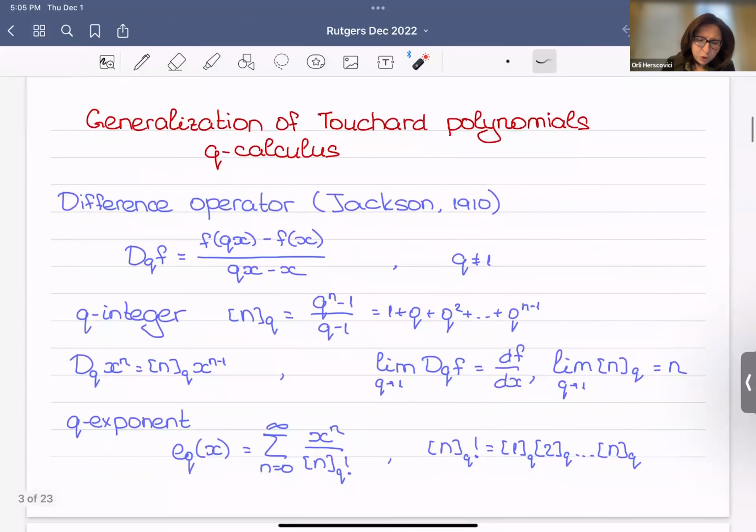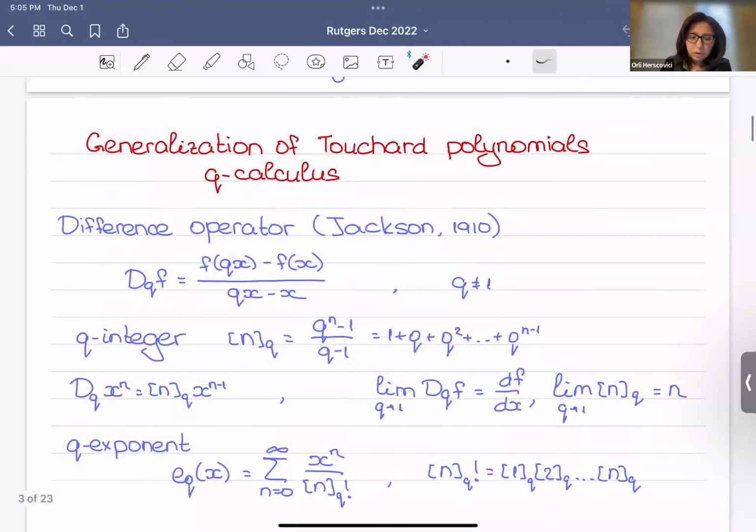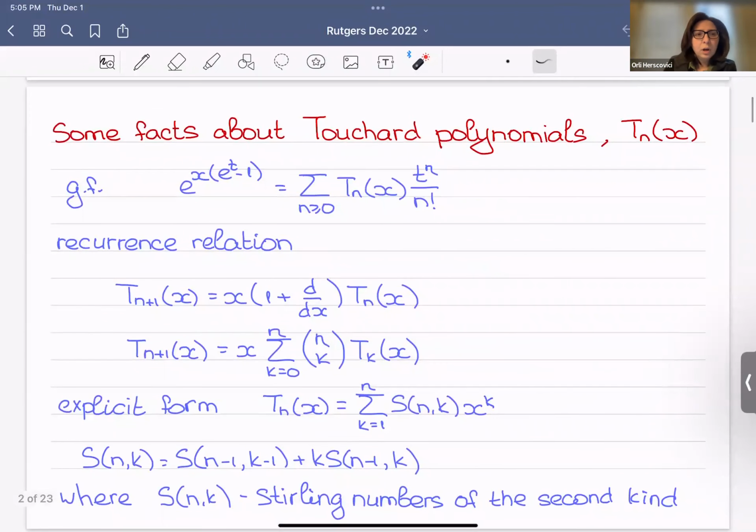So we actually have a few things here. We have the differential operator. We have the exponential function. So if we have numbers and factorials, then if we consider, for example, again the definitions of Touchard polynomials, we can take any of them and, starting from this point, build a consistent theory for such a generalization.